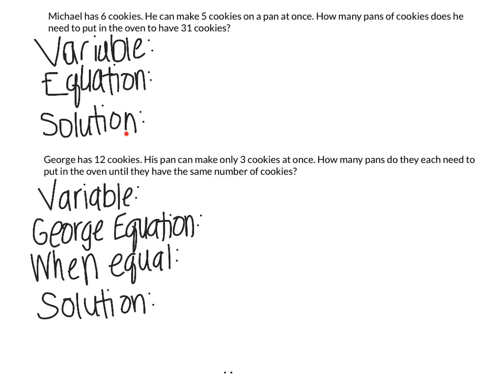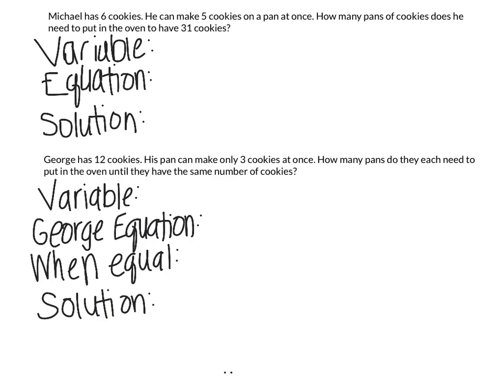After that, there's a second part. George has 12 cookies. His pan can make only 3 cookies at once. How many pans do they each need to put in the oven until they have the same number of cookies?